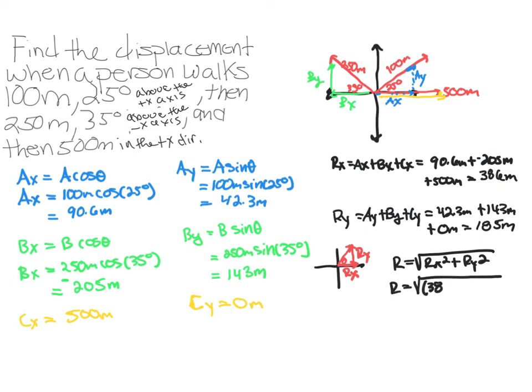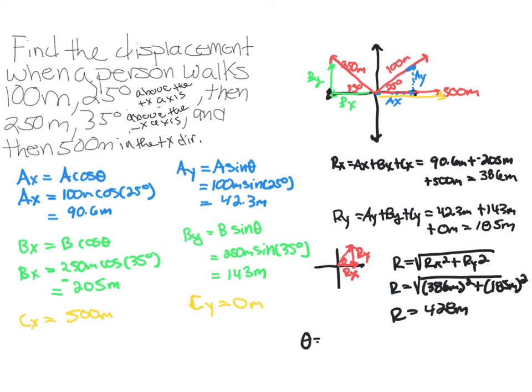So 386 meters squared plus 185 meters squared, then take the square root. So 386 squared plus 185 squared, take the square root, and we get 428.